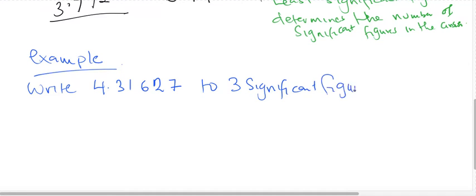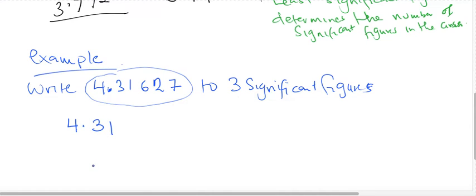Let's think about it. When they say 3, you have to count 3 digits in the whole number, and the 3 digits will be 4.31.